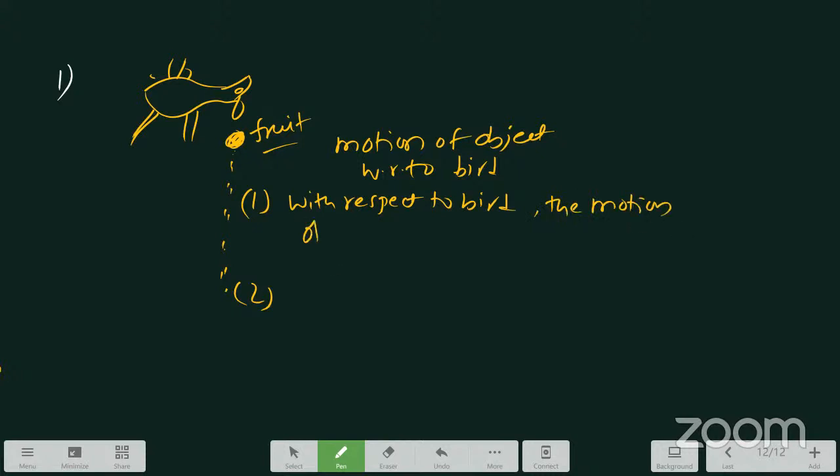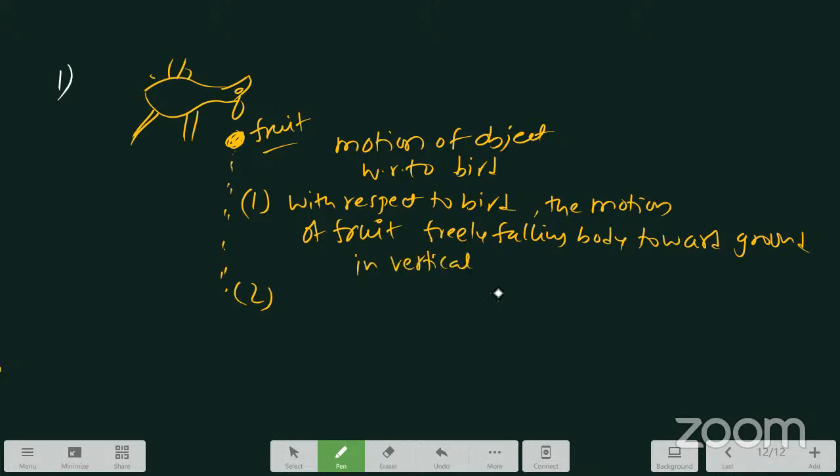Motion of fruit: freely falling body towards the ground in the vertical direction.